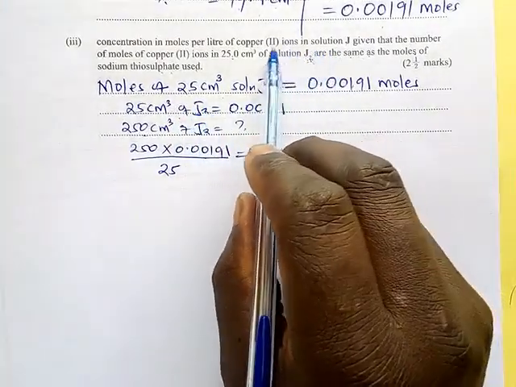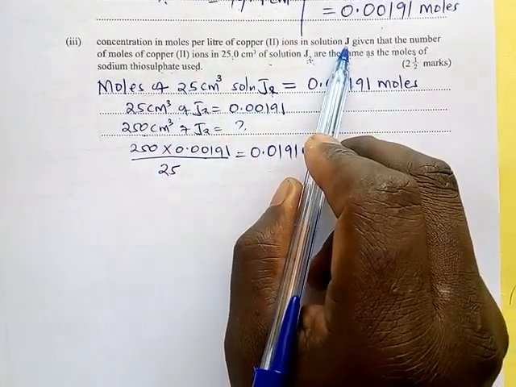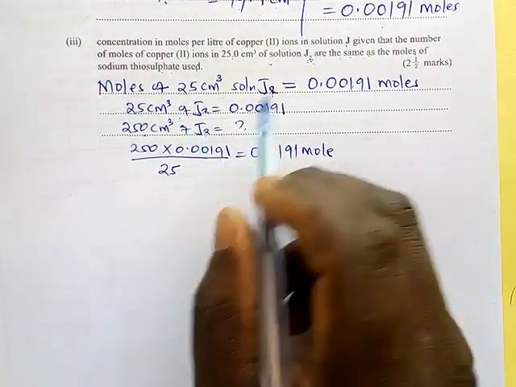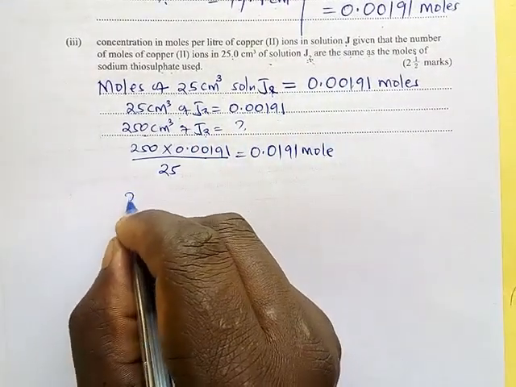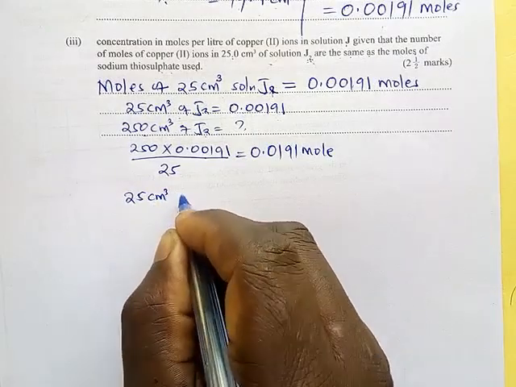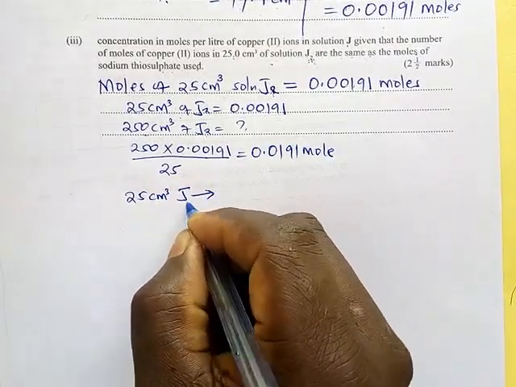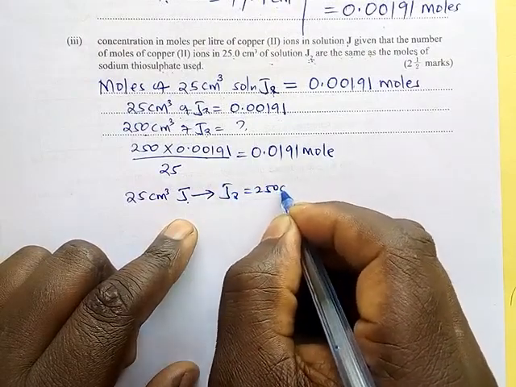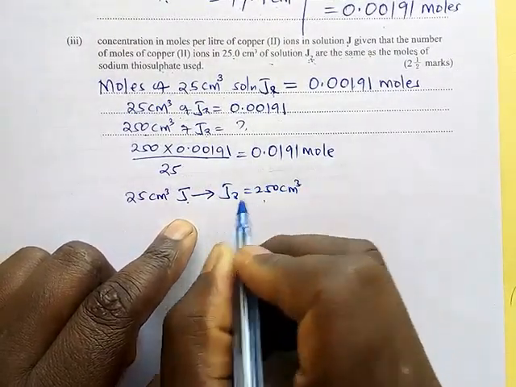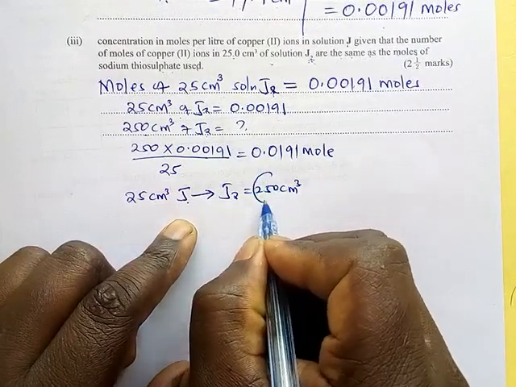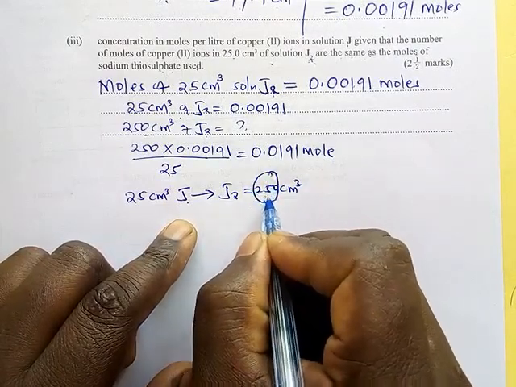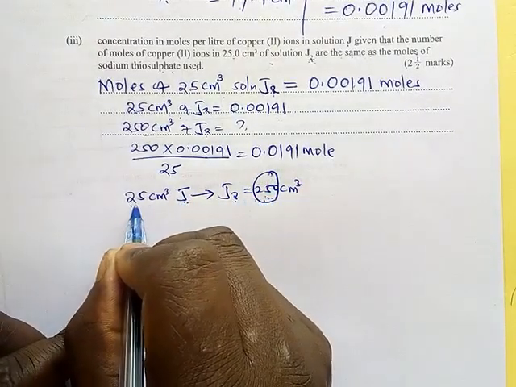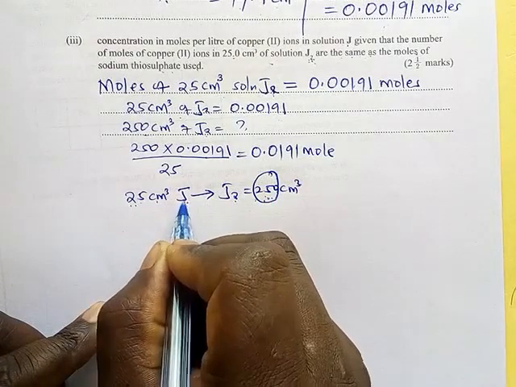Now we have the number of moles in 250 of solution J2. But remember, we want the concentration in J. What is the relationship between J2 and J? We took 25 centimeters cube of J and diluted it to form J2, which is 250 centimeters cube. Therefore, the number of moles in 250 of solution J2 is equal to the number of moles in 25 centimeters cube of solution J. Why?